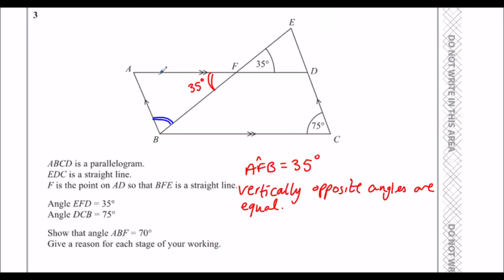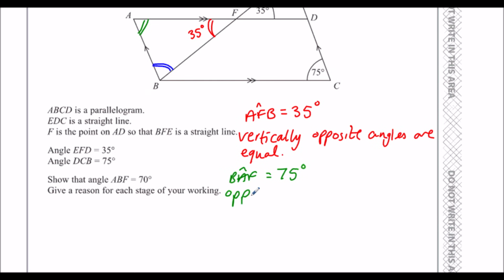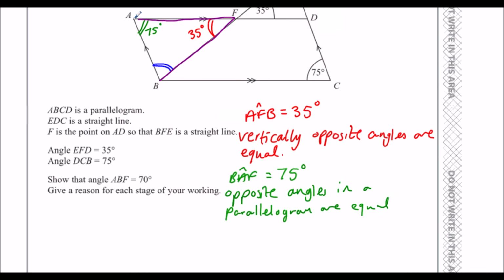We can say that BAF is 75 degrees because opposite angles in a parallelogram are equal. So we've got 75 degrees, and then we've got a triangle here, and angles in a triangle add up to 180.